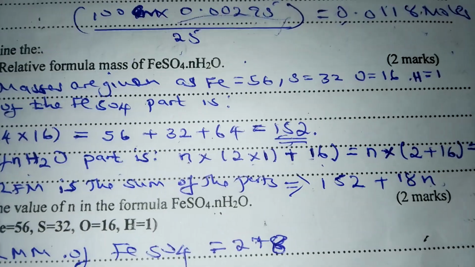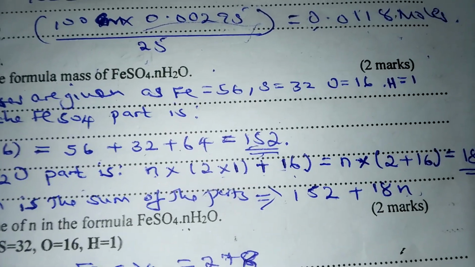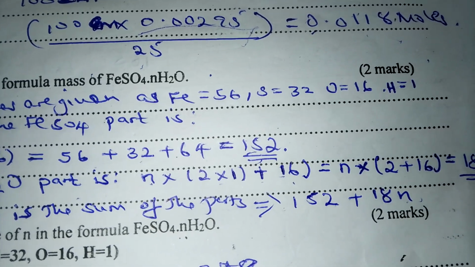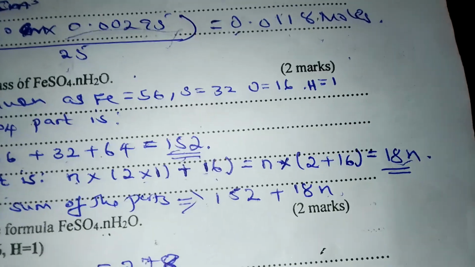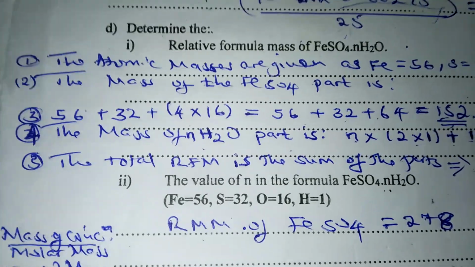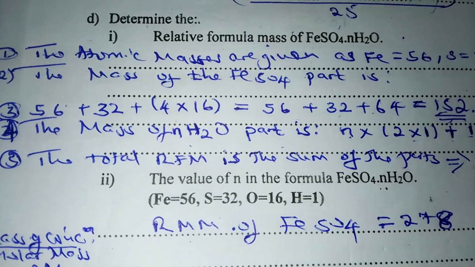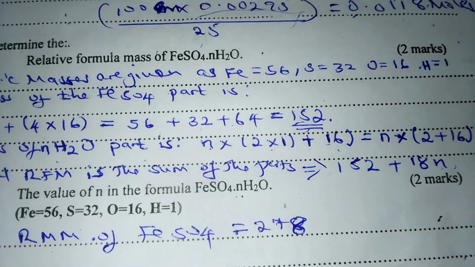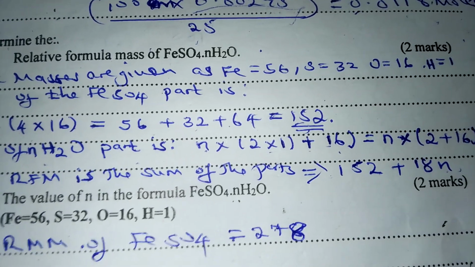So which was giving us n times, in brackets, 2 plus 16, which was giving us 18n. Then we said the total relative formula mass is 152 plus 18n.